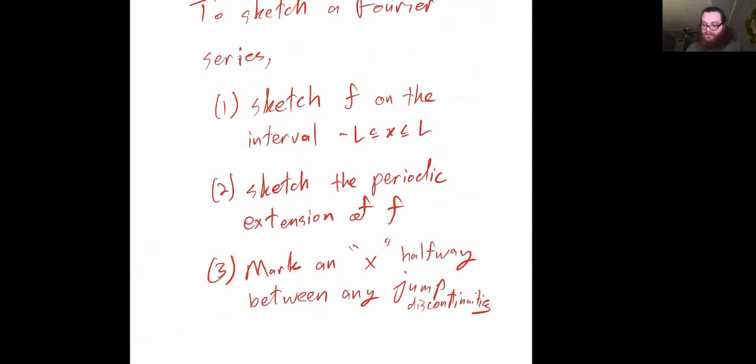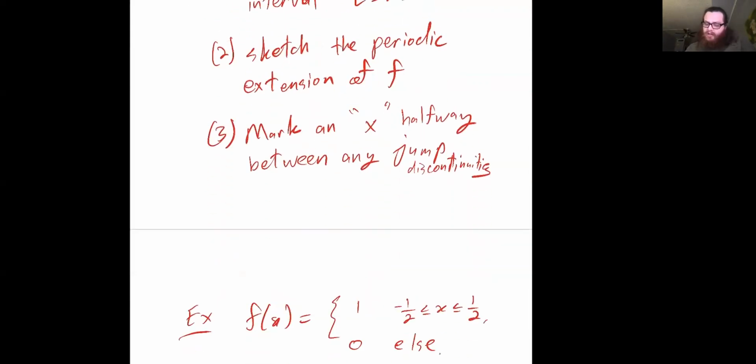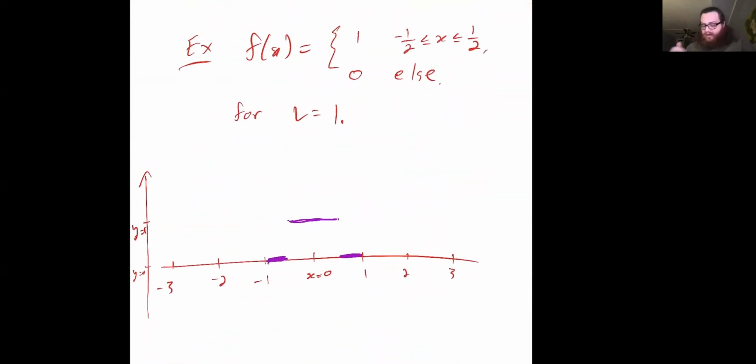Next bit, sketch the periodic extension of f. As I said, take the same profile and copy it over into these other blocks of length 2L.